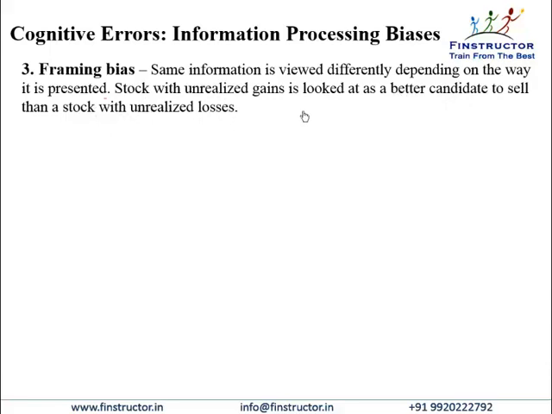If I needed money and I had the option of selling two stocks, stock A had unrealized gains and stock B had unrealized losses, which stock am I more likely to sell? I would be more inclined to sell stock A because it has unrealized gains. So please note that how the information is framed has a bearing on what decision we make.